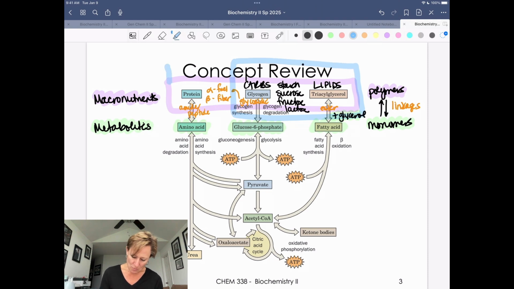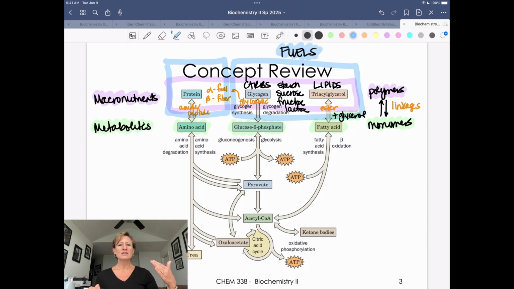When I have carbohydrates and lipids together, it's because these are the two main fuels that we have. When you consume carbohydrates and lipids, generally you are using them for energy.